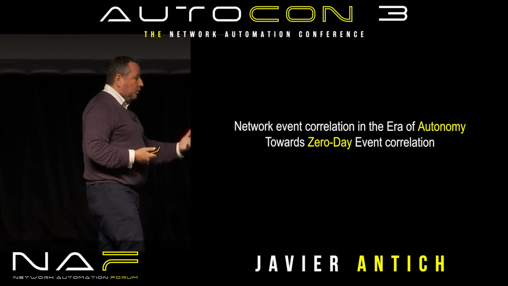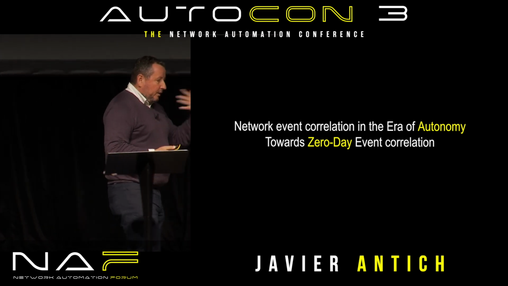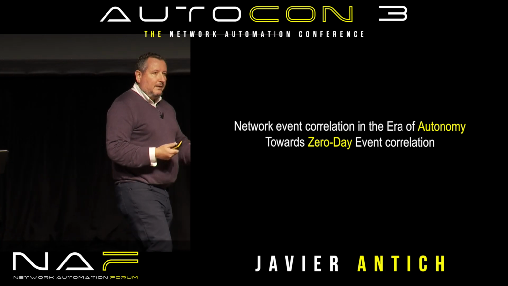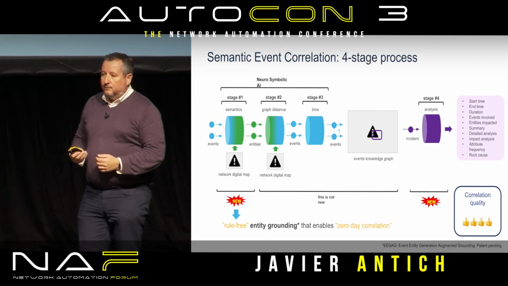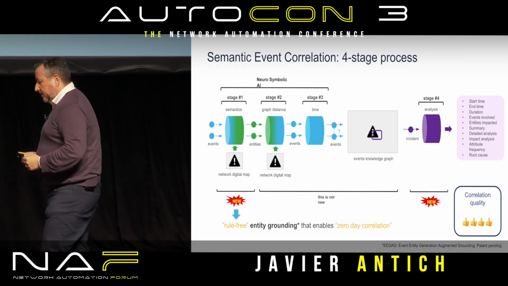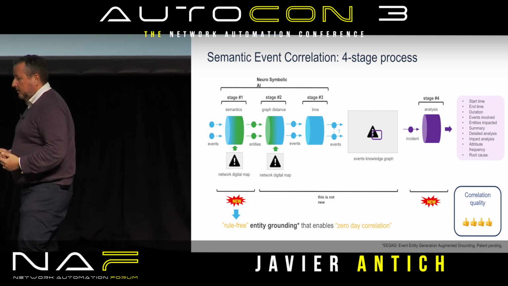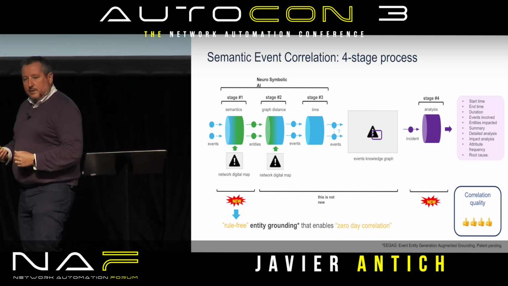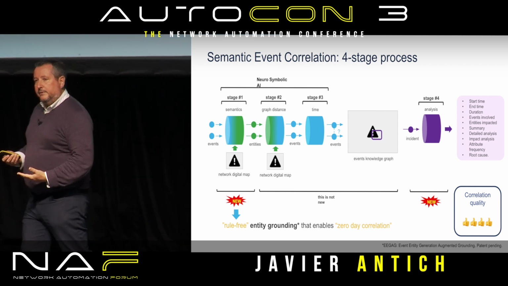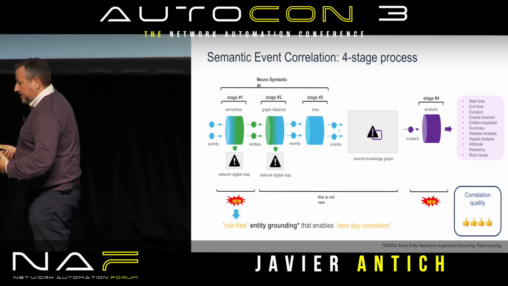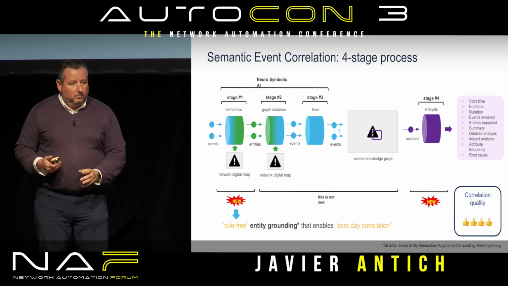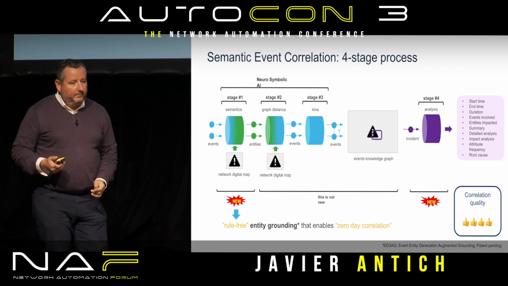So in the era of autonomy, we need to start thinking of new ways to accomplish perhaps the same functionality. This is one of the things we're exploring, still in prototype state, which we call semantic event correlation. I will not go into a lot of details because we don't have time anyway.